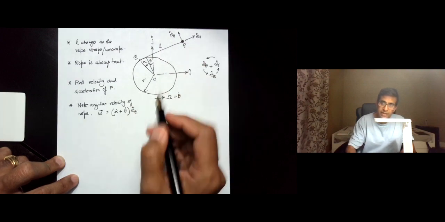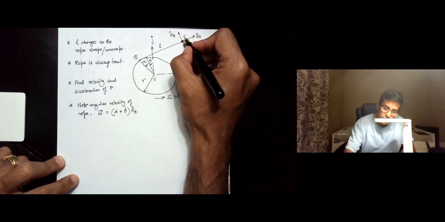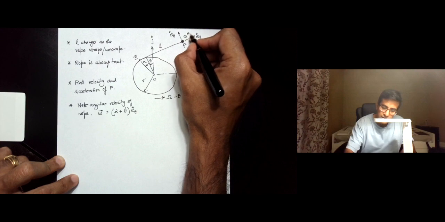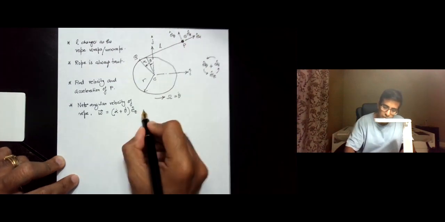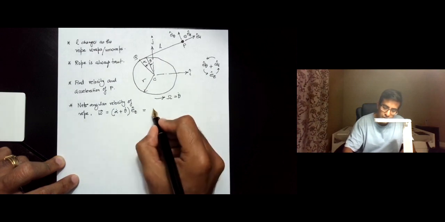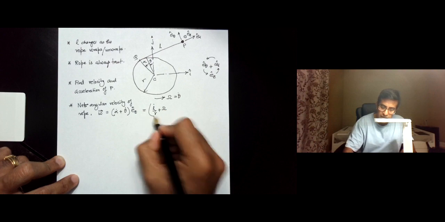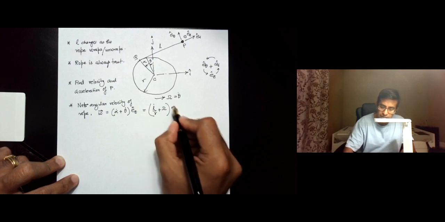So it's in the z direction. So let me just show the Ez direction here. And we have derived this to be equal to L dot over R plus this capital Omega Ez.